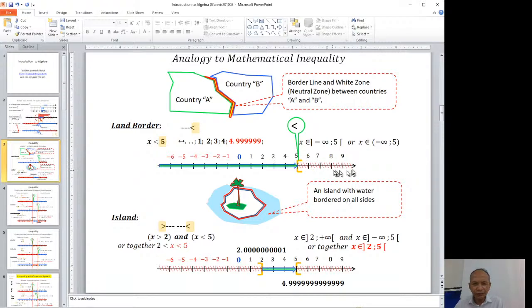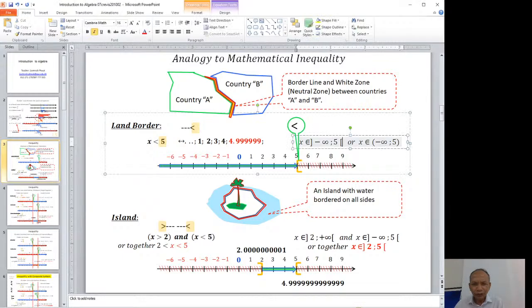And we strike it out. We are on the left, and our friend countries are on the right, B, and then the region on the border belongs to country B, but for country A, it doesn't belong to us. So we use this bracket to mean that the border area, the number 5, doesn't belong to us, doesn't belong to the country A.